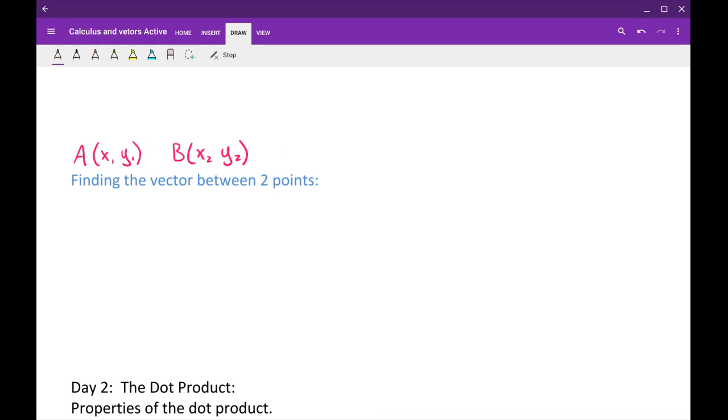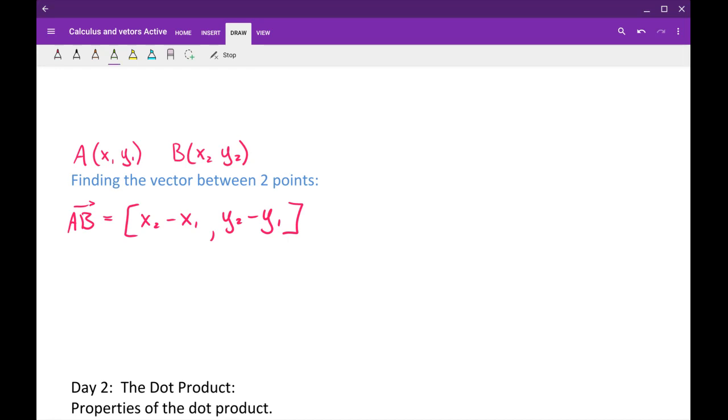When you do points, oftentimes you assign capital letters to them. Now, oftentimes you want to find vector AB. It's going to be a vector, and we can write this in Cartesian form. To find it, you just do x2 minus x1 and y2 minus y1. So that's our vector there.